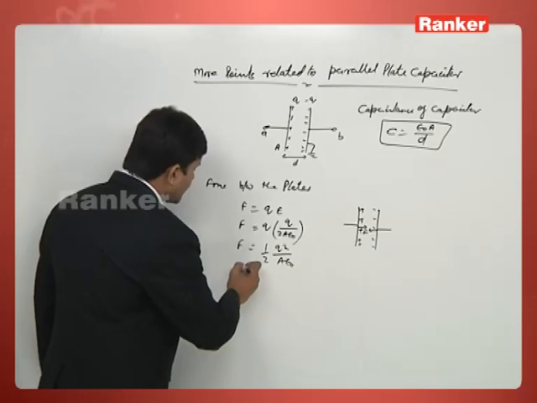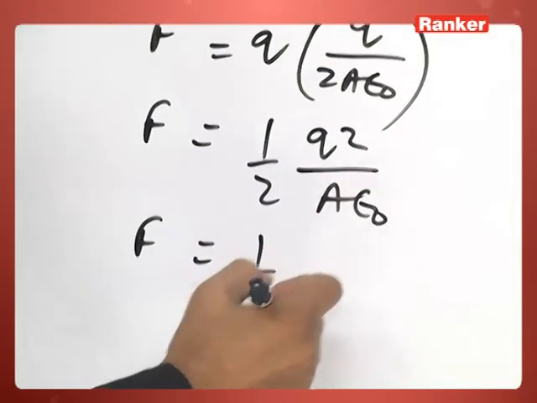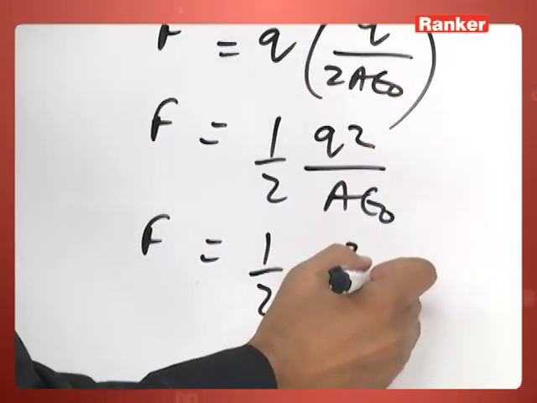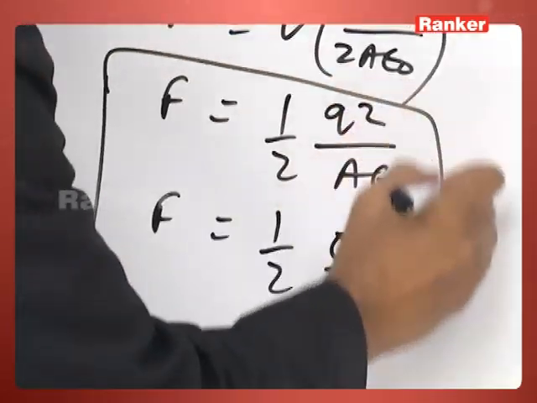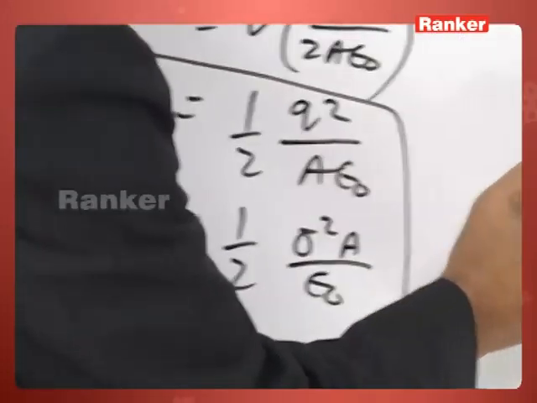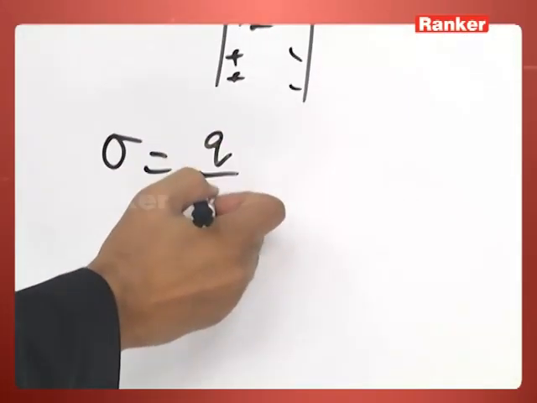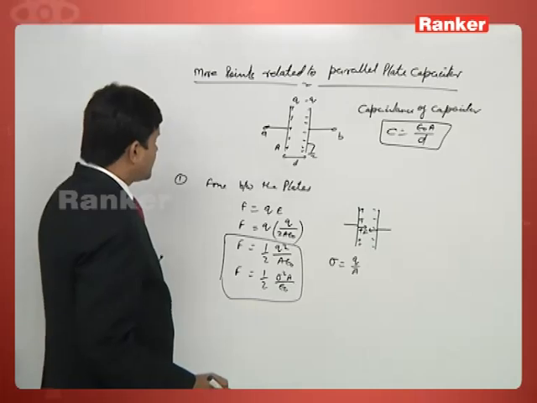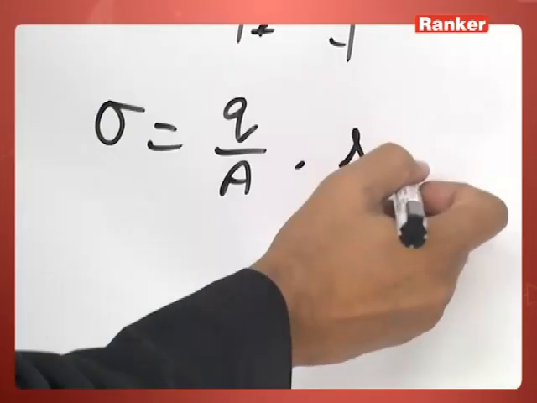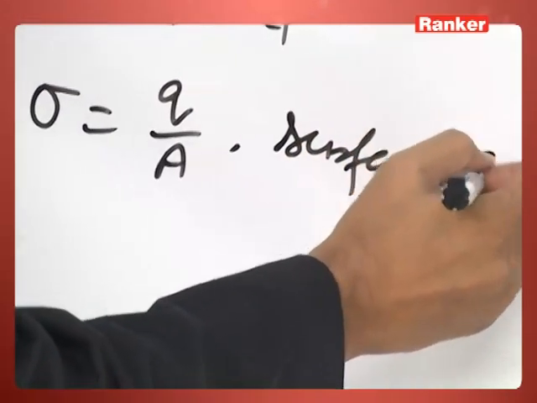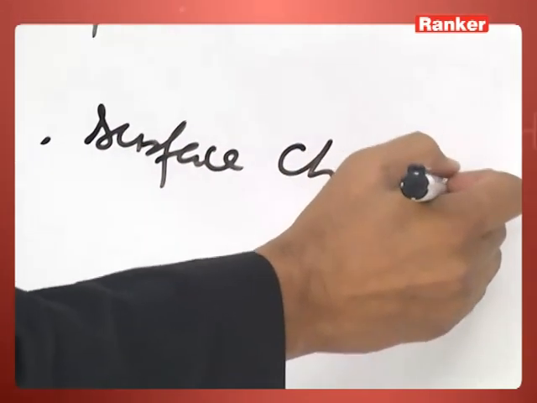This can further be written as 1 by 2 sigma square A by epsilon naught. We can use either expression, where sigma is equal to Q by A, and this is called the surface charge density.